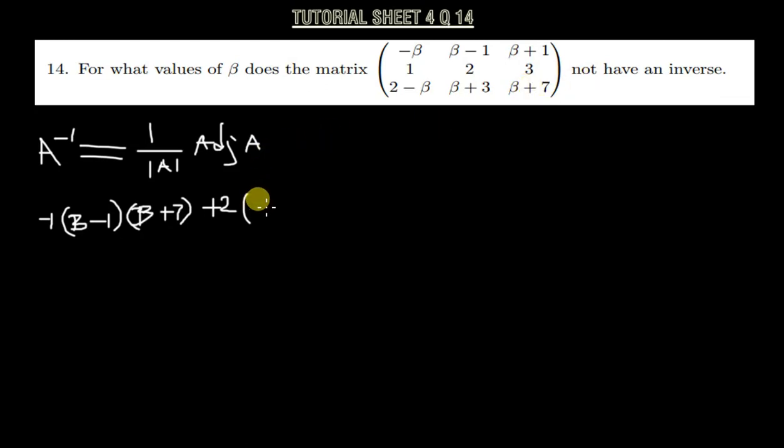You get negative beta squared, then minus 7 beta. Then this is going to be minus, you multiply this times that, so let me just write them. This is (2 minus beta) multiplied with (beta plus 1).